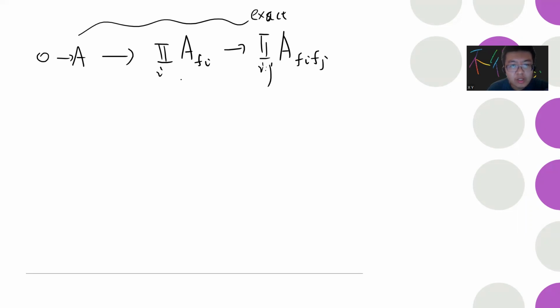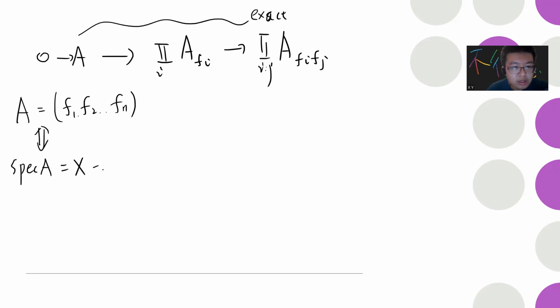A is a ring and A_{f_i} is a ring localization, so we need to say that A is the ideal generated by f_1, f_2, up to f_n. This is if and only if Spec A, X, is the union of the distinguished open sets D(f_i) for i from 1 to n.